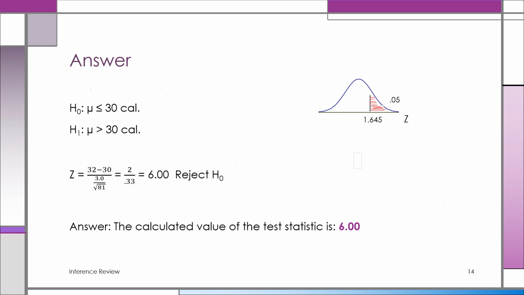The greater than symbol looks like a right arrow pointing to the right. And H1 is covered by the region of rejection, because when we reject H0, we accept H1. And so that's a clue that the shaded in area, the region of rejection, should be on the right side of the distribution. It has to match. H1 and the region of rejection have to match.